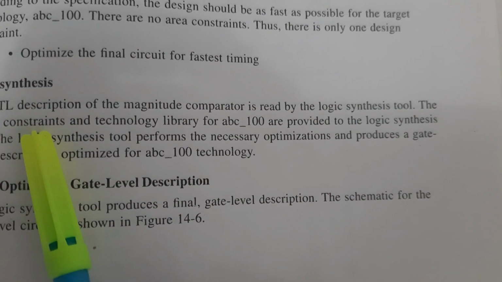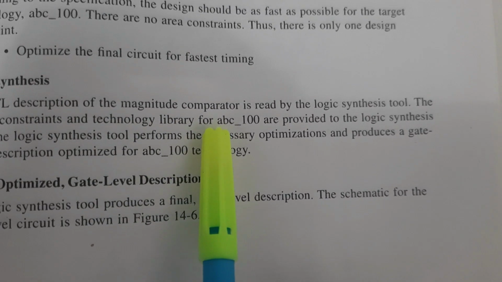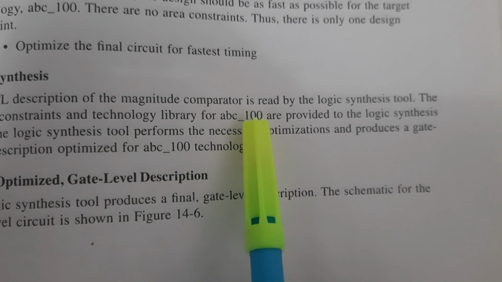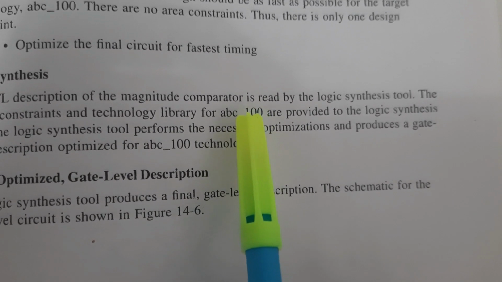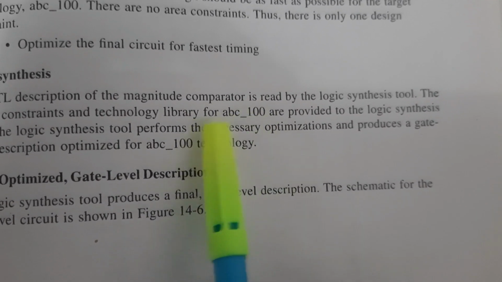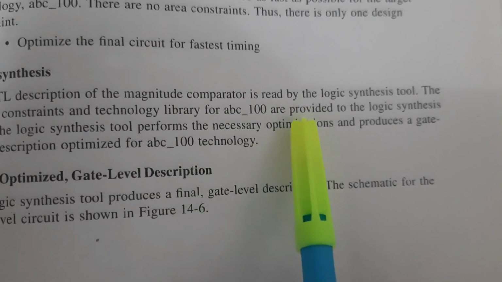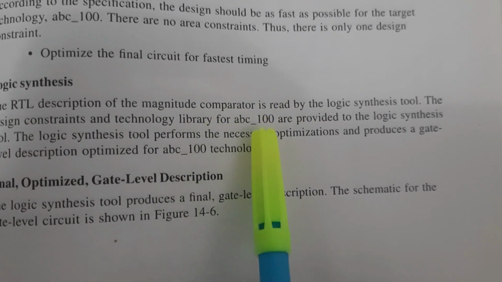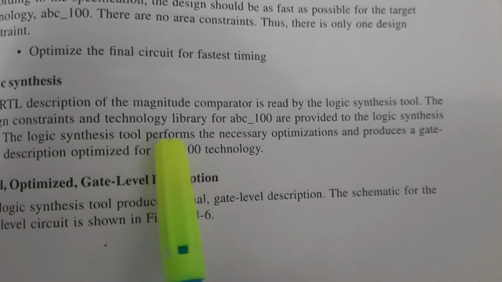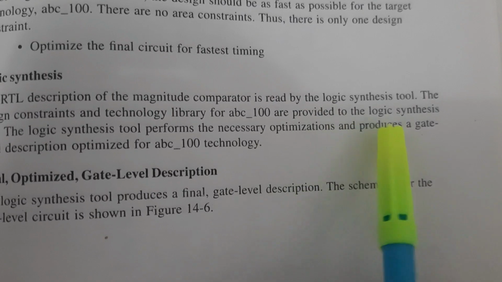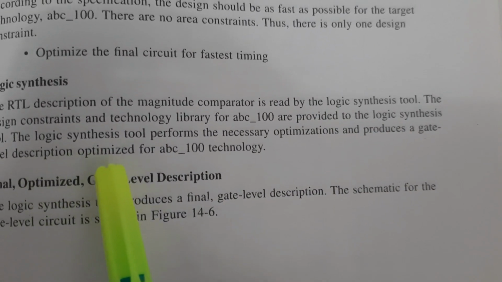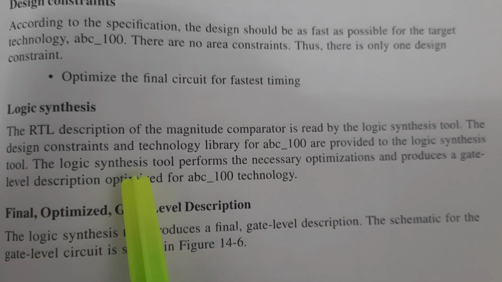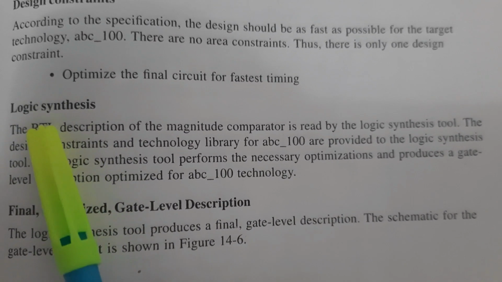The design constraints and technology library are provided to the logic synthesis tool; here they are using a 0.65 micron CMOS process technology, called ABC 100, and this is the tool name they are using. The logic synthesis tool performs the necessary optimization and produces the gate level description optimized for this technology. So this is the step performed at this RTL level.